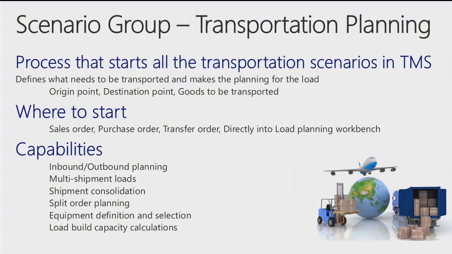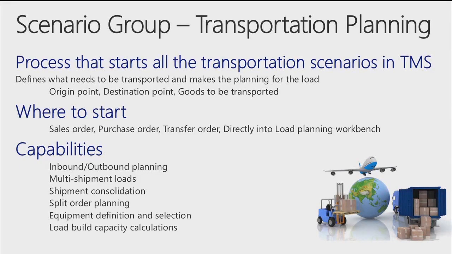To start off, the first scenario group, the transportation planning, is basically the process that starts all the transportation scenarios. Here is where we need to define what it is that needs to be transported, make planning of the load, define origin and destination point, what goods need to be transported, and so on.